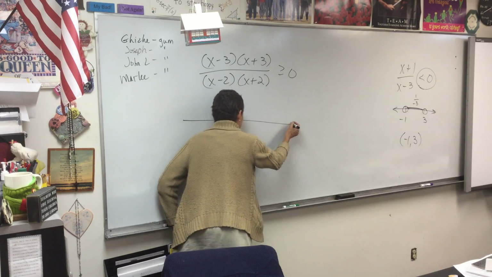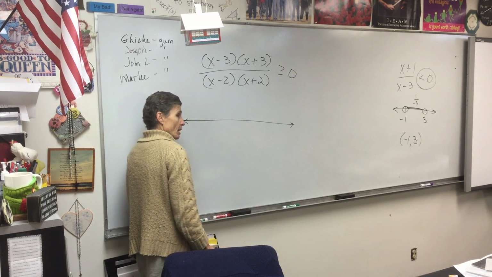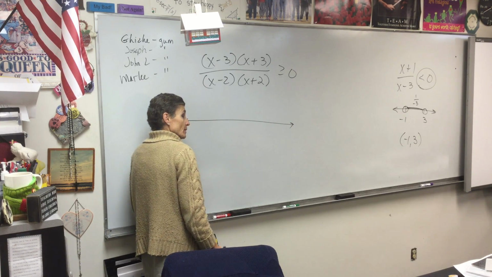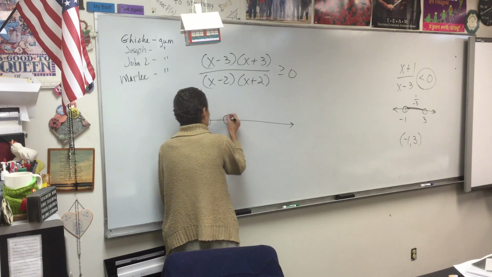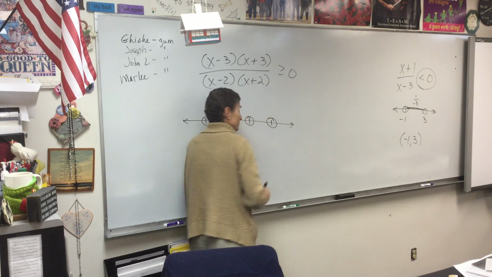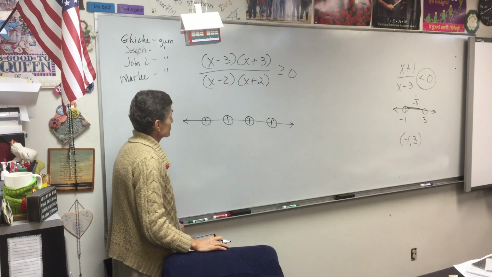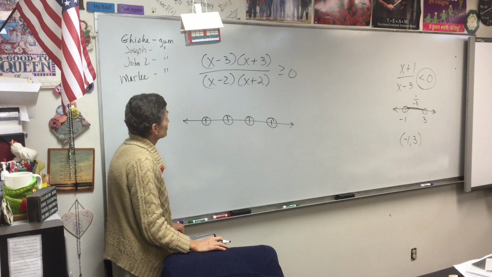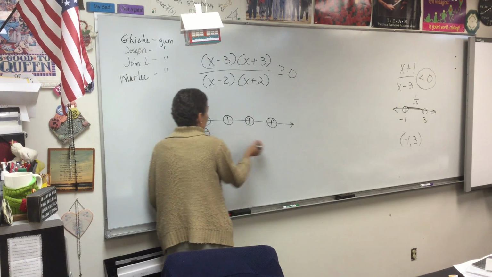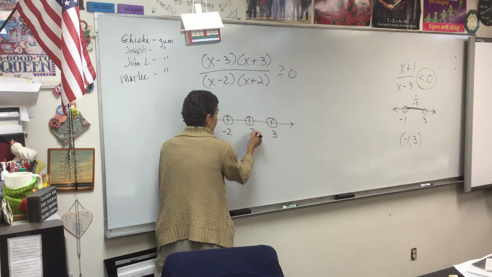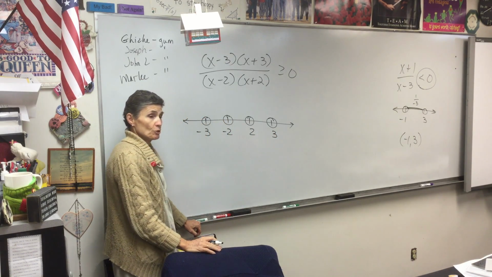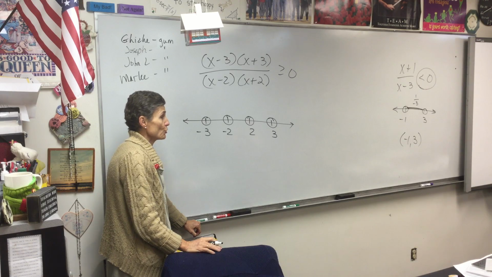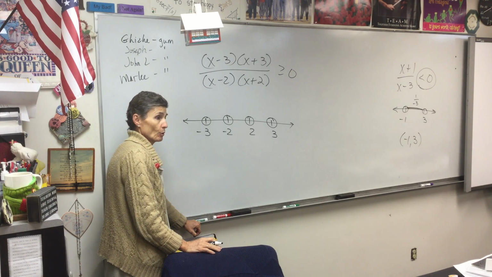Kelly Berry, how many dots do you think I'm going to have on this number line? 4. There are going to be 4 dots on this number line. Megan Lee, where do you think those dots are going to be? 3, -3, 2, -2. And I'm going to make sure I get them on there in order, right? Yes. When you put your 4 dots on there, make sure you put them on in order.